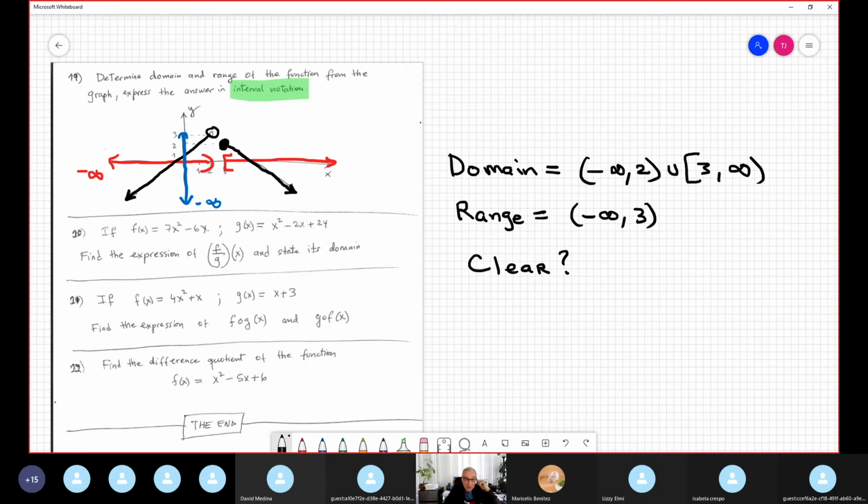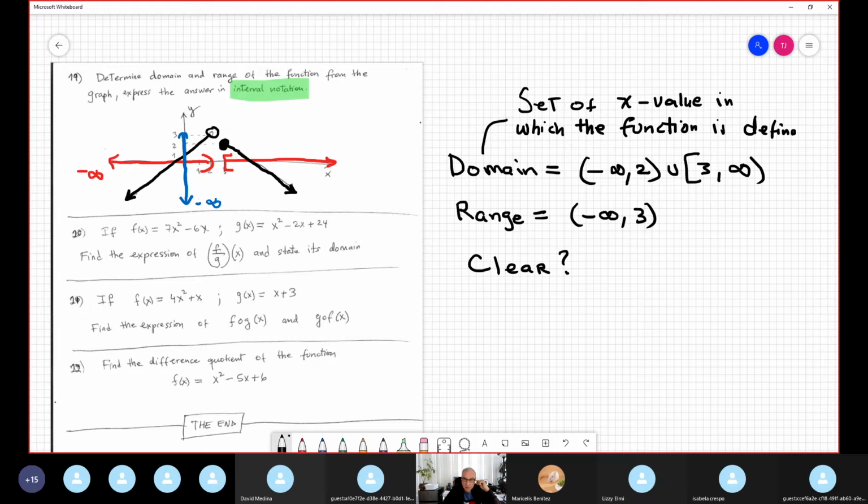And remember, the domain is a set of the x values in which that function is defined. What is the opposite of defined? Undefined. It's undefined, out of the domain. When it's undefined, holes and gaps.